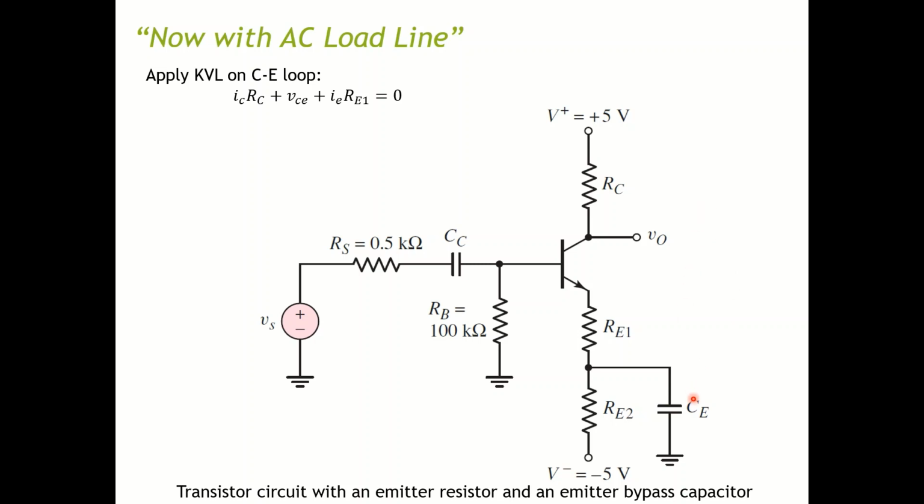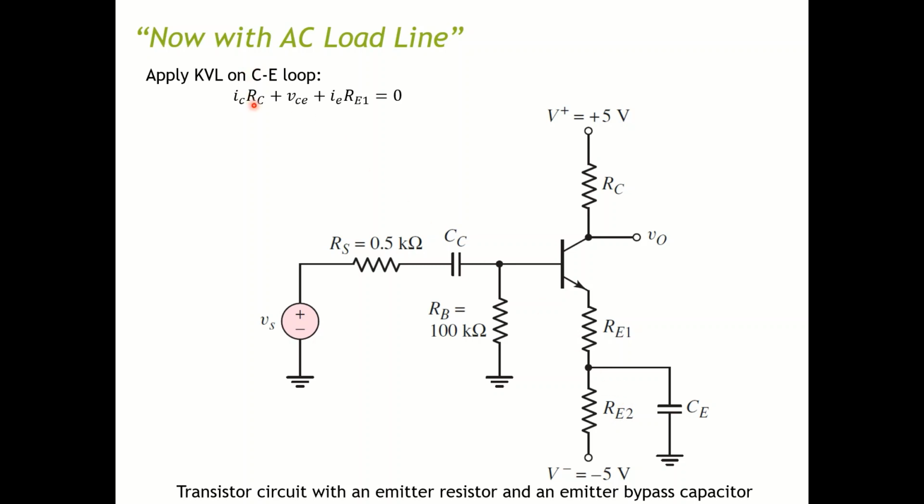However, remember in this case, the reason why we have this CE capacitor or bypass capacitor is in order to bypass a large portion of the emitter resistor in AC condition. Therefore, when you analyze this loop, you go up to this junction, then you allow the current to go through here, bypassing this part.